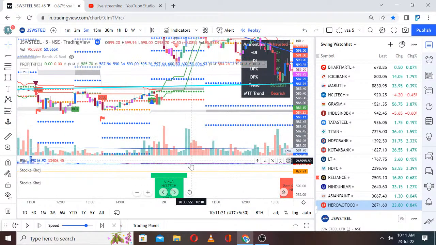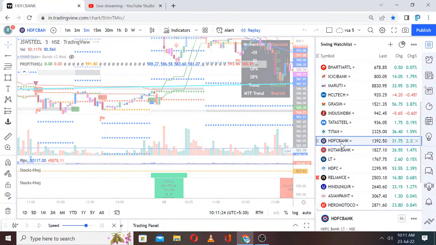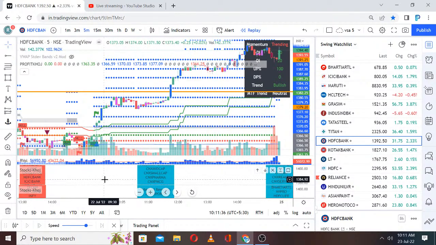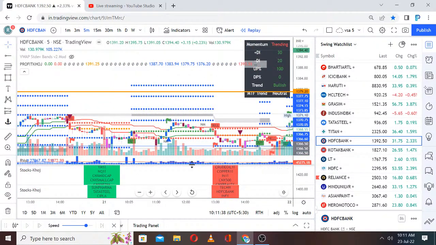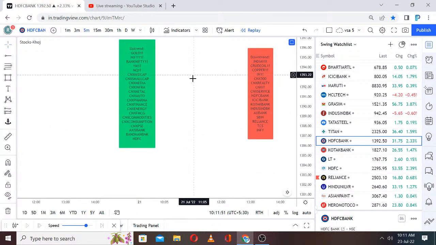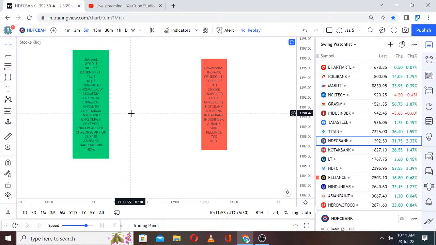Where has it gone? What's happening? Okay, you can see now Bank Nifty is in uptrend.